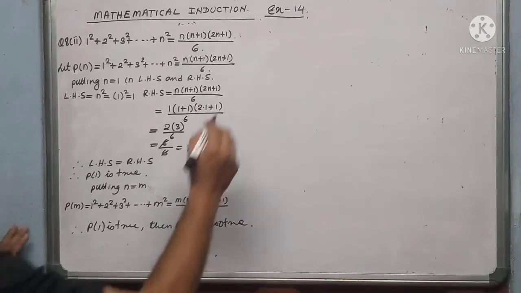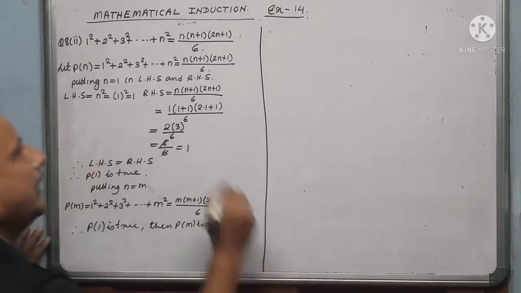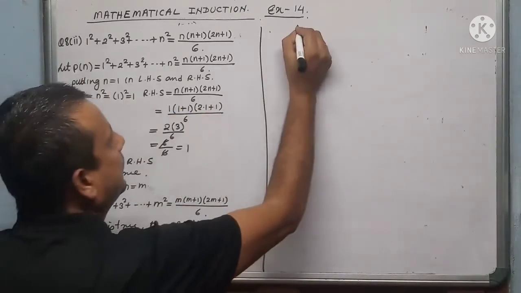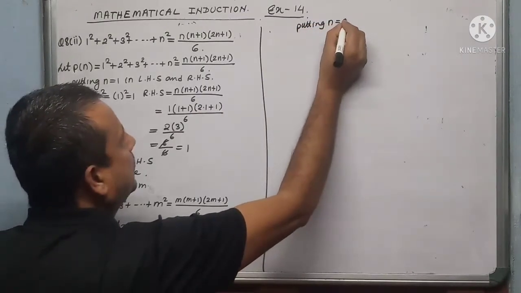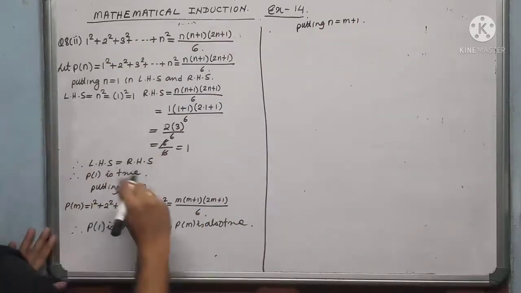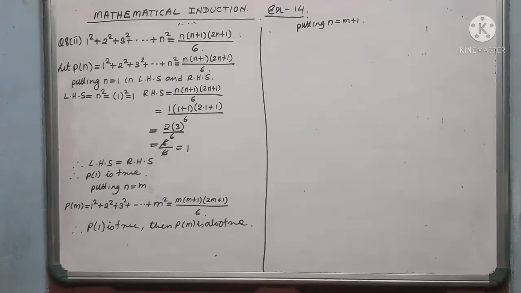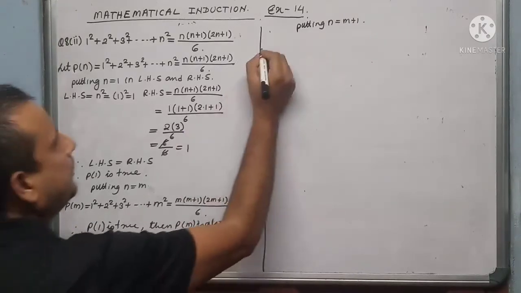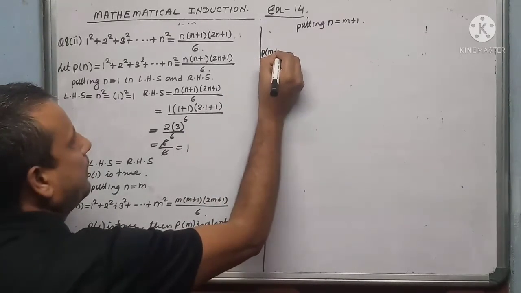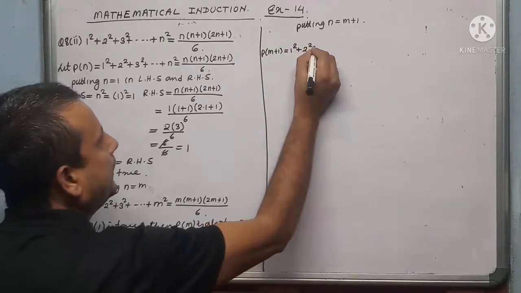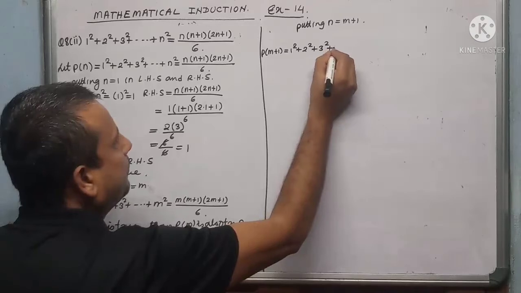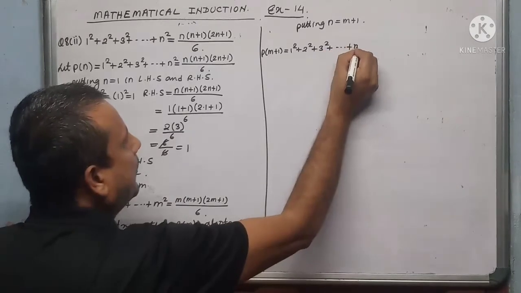Now next is putting n equals m plus 1, and this third step is important. Putting n equals m plus 1 means the entire m series you have to write first of all. Starting with Pm plus 1, I'll write the entire series 1 square, 2 square, 3 square plus ... up to m square.